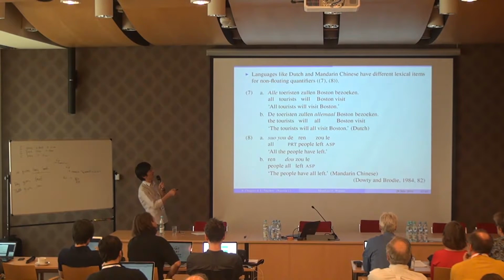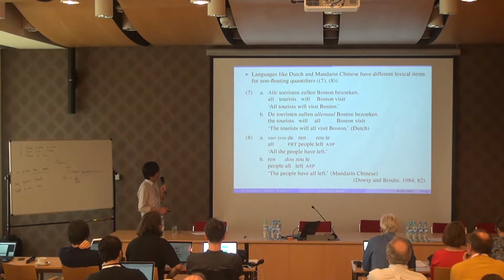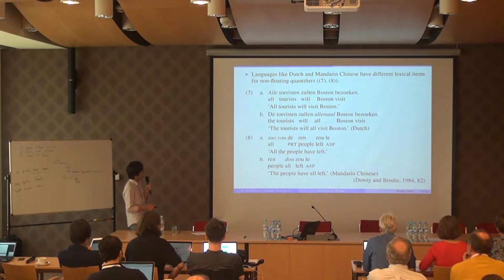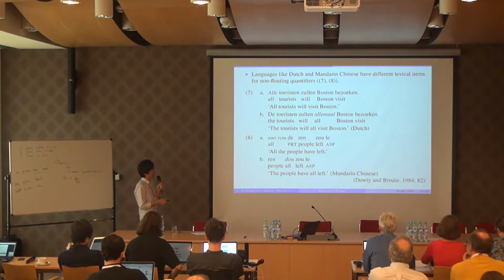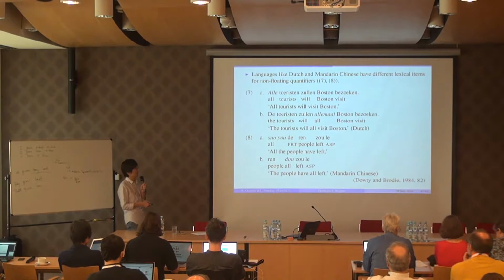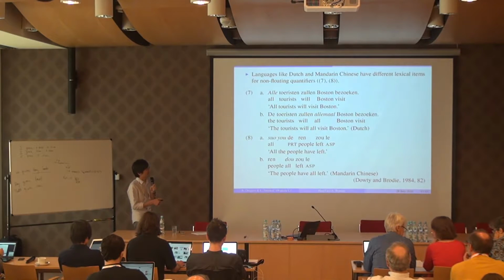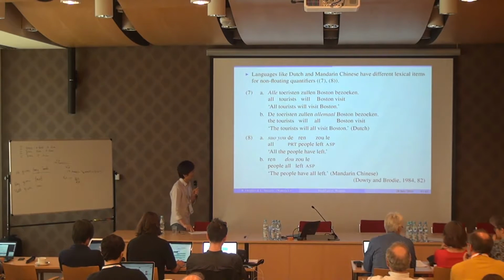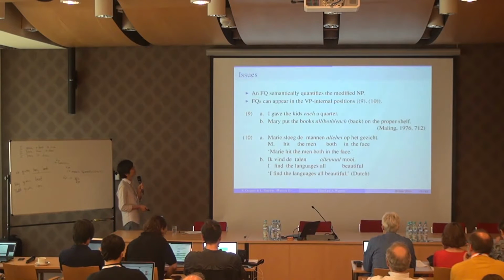We can't derive 7B from 7A. Similarly in Chinese, for the quantifier inside of the noun phrase, we need a two-word quantifier expression here. But if we float it, we need a different item here. So again, we can't derive something like 8b from 8a. That's strong evidence, a counter-argument against the stranding analysis.